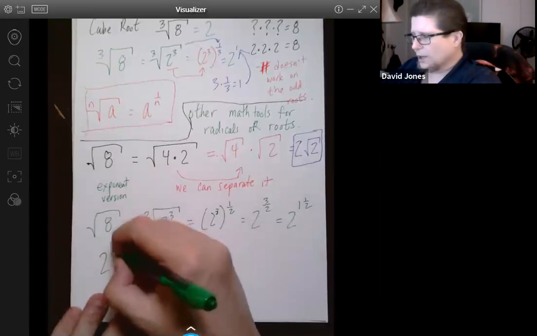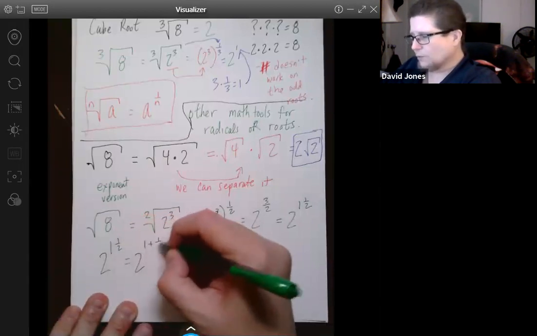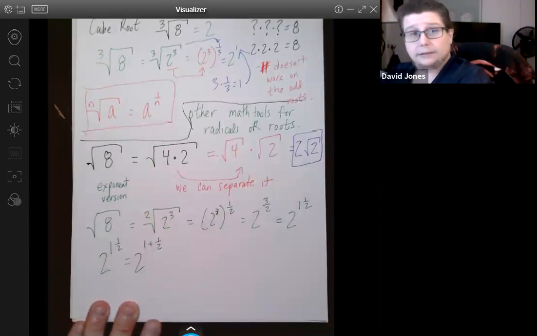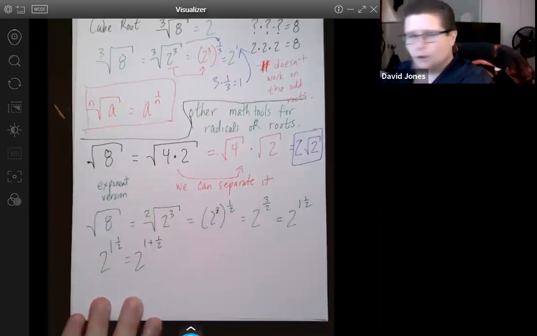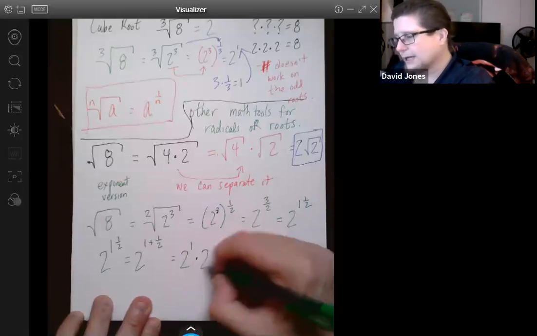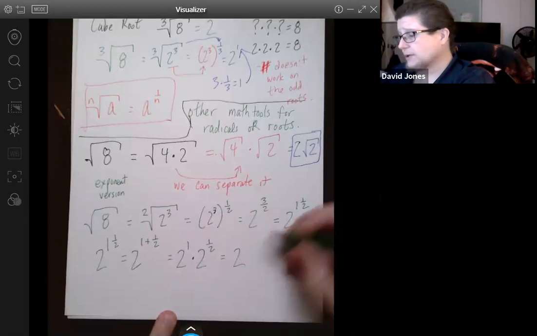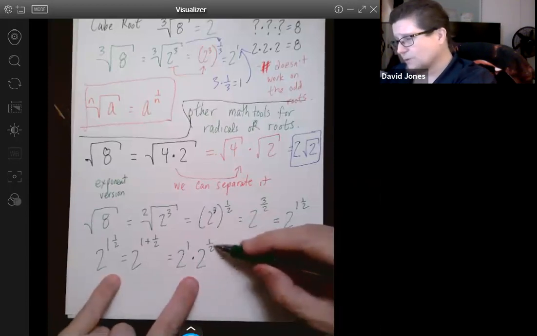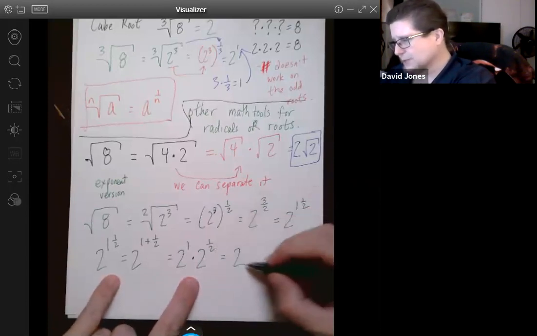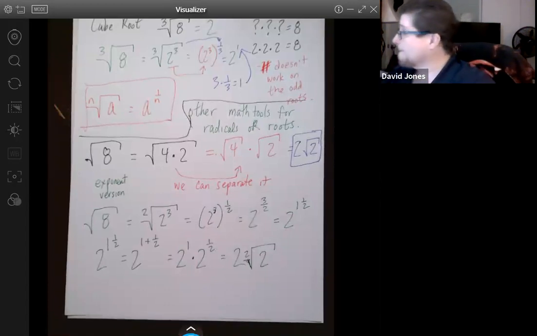And 2 to the 1 1/2, I'm just rewriting the 1 1/2 as 1 plus 1/2. And that might help make it easier to see the property that that can be split up into multiplying 2 to the first times 2 to the half. 2 to the first power is just 2. And when we have something with a 1 over a number as the exponent, the 1 over 2 as the exponent becomes the square root.